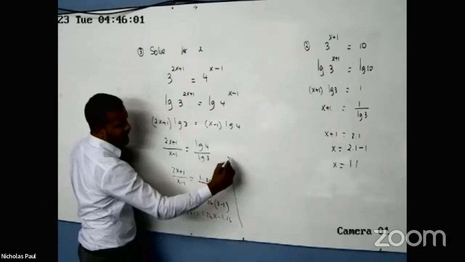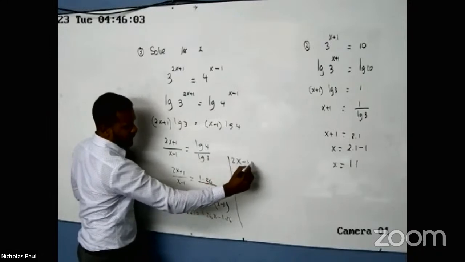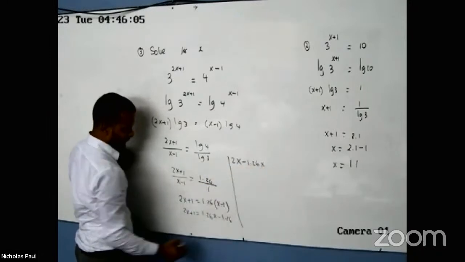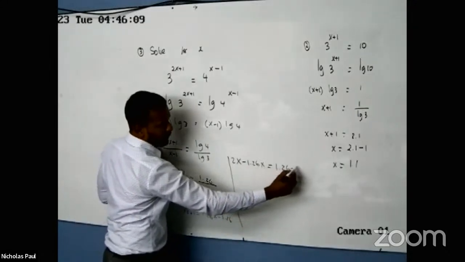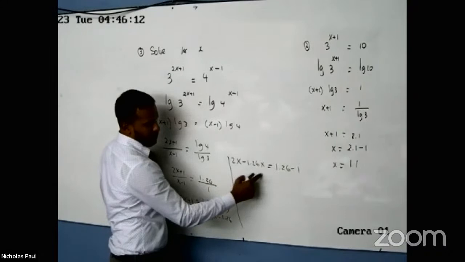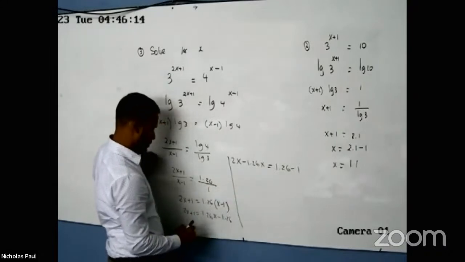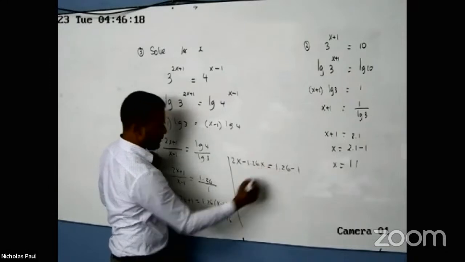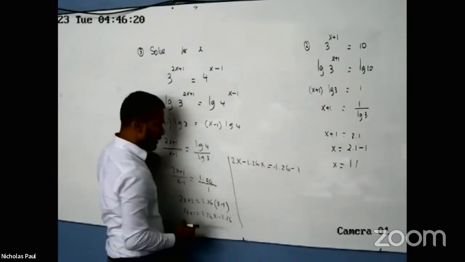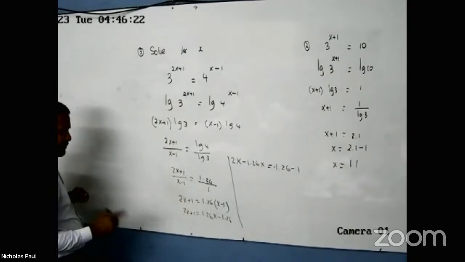Bring the x's together, you'll get 2x minus 1.26x. Bring the 1 on this side, you'll get 1.26 minus 1. Oh, minus here. So you'll get minus 1.26 minus 1.